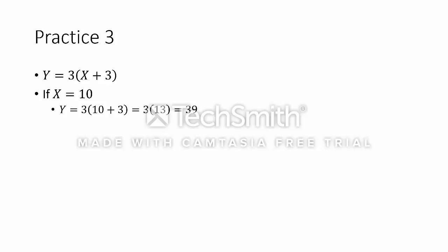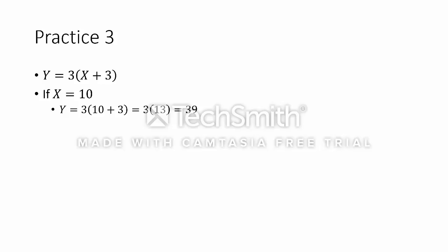Sometimes you might see a linear transformation where you are to add or subtract first, then multiply or divide. For example, here we have a transformation where, by order of operations, we are to add 3 first, then multiply the result by 3. You can most certainly transform in this order. If x equals 10, then first we'll add 3, giving us 13.